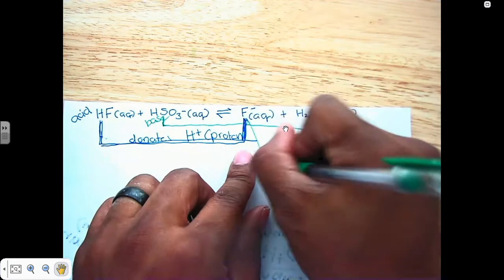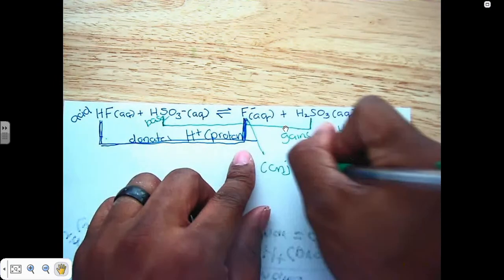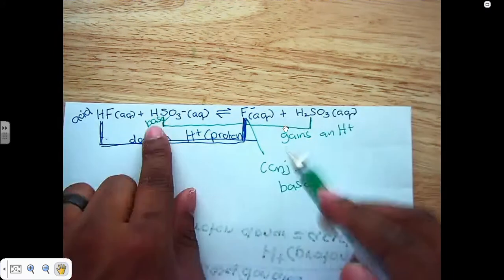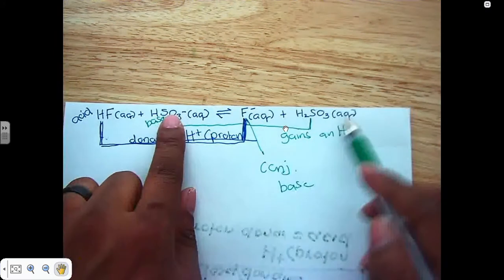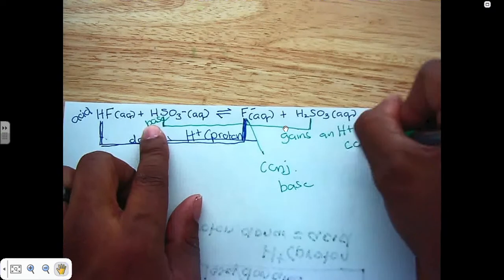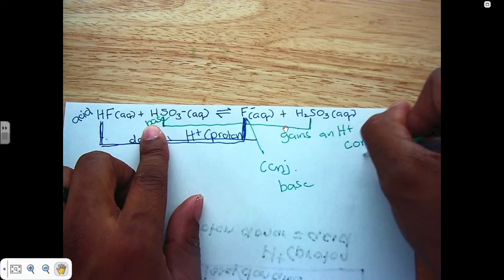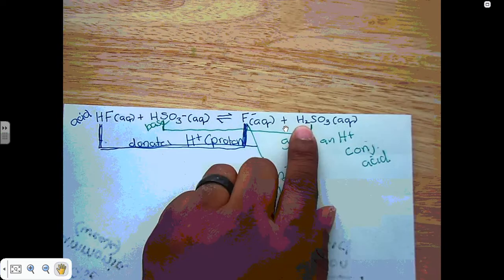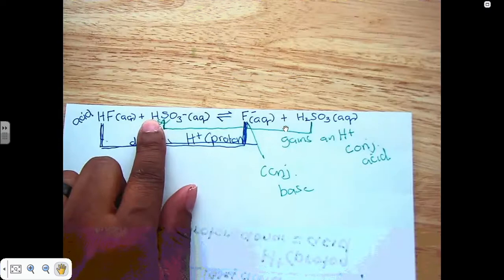This guy is a conjugate of this acid, so that makes that a base. And then when you compare HSO3⁻ to H2SO3, you're seeing that it becomes a conjugate acid.